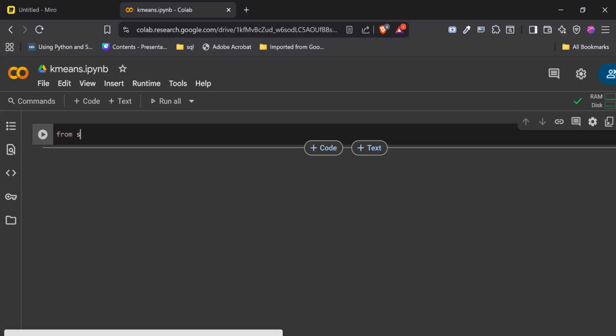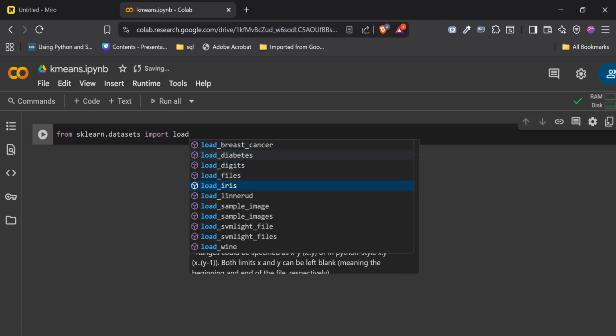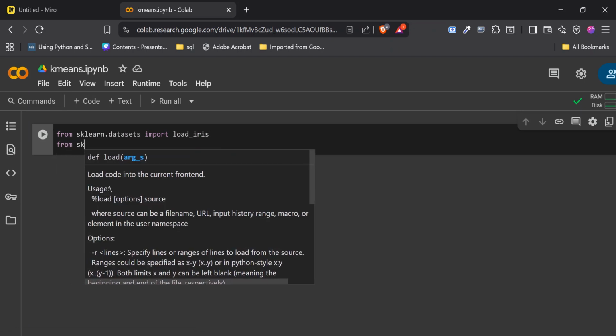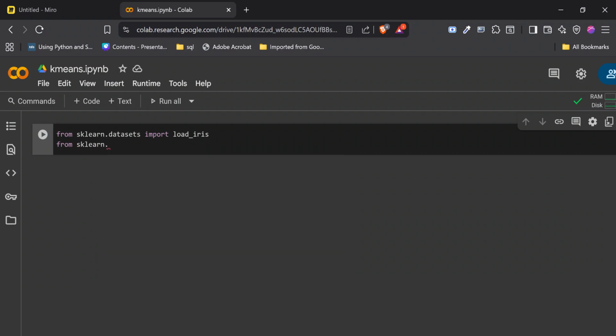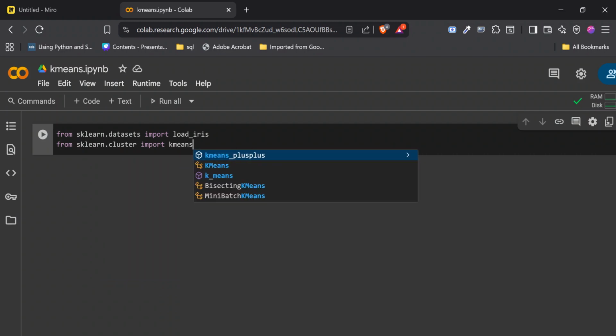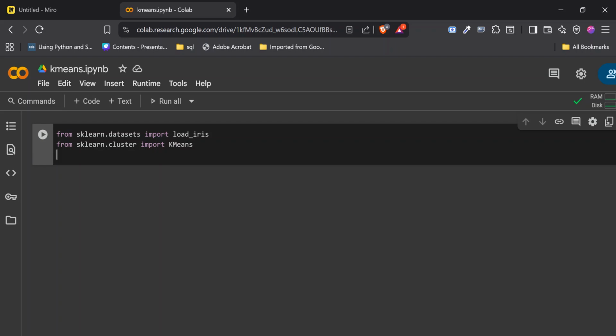So I'm going to say from sklearn.datasets, we're going to be using the load_iris dataset. From sklearn.cluster, we're going to import KMeans.